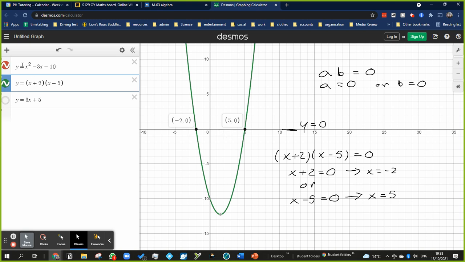Leaving it in its original, the most generic format, helps you to find the y-intercept, and then factorizing it helps you to find the x-intercept. And there are two x-intercepts because we can say that either that is the case or that is the case, and it produces this curve like that. Okay.